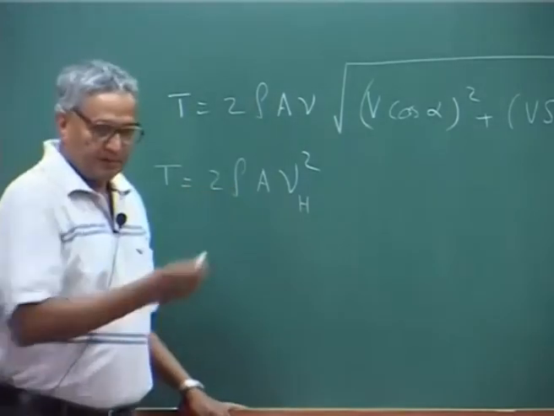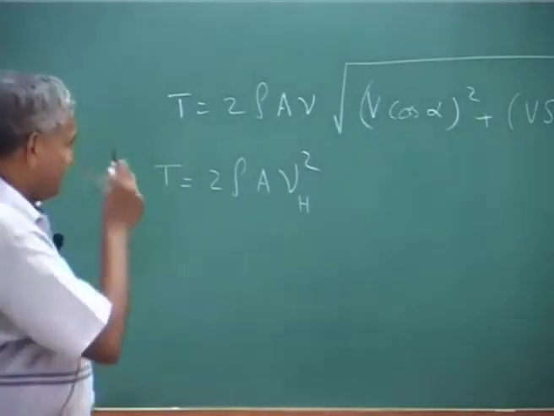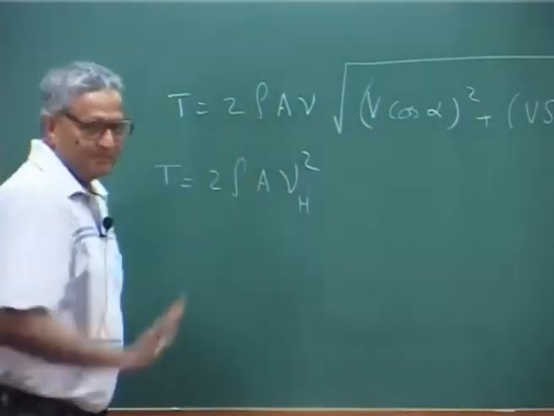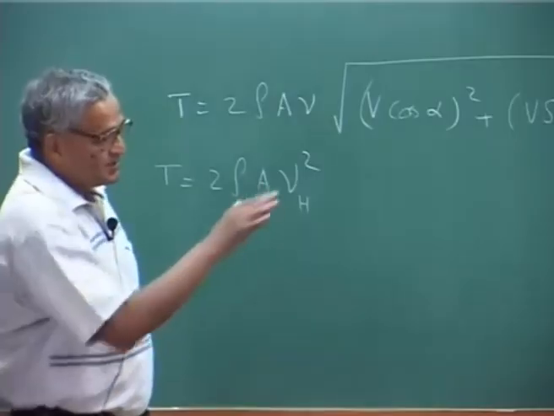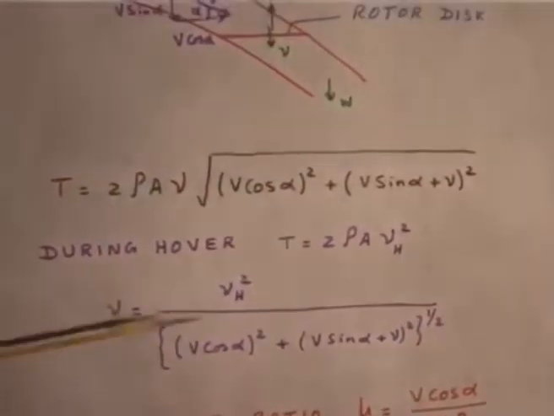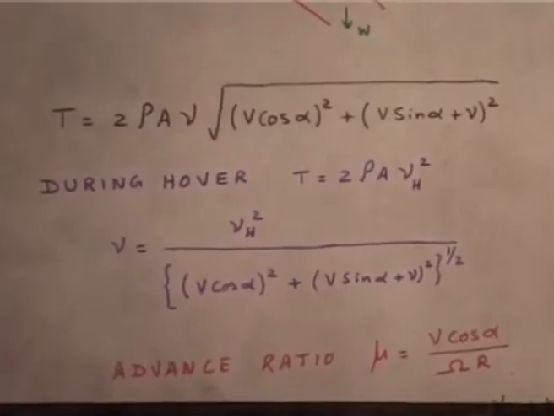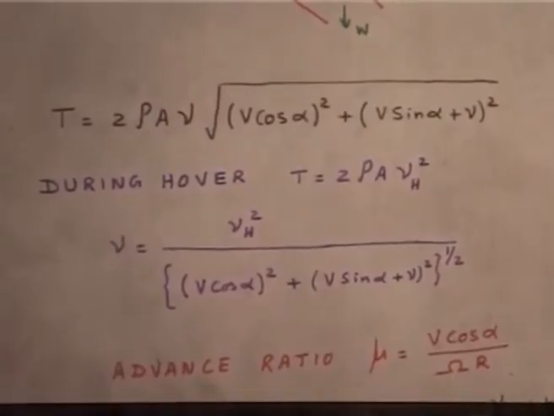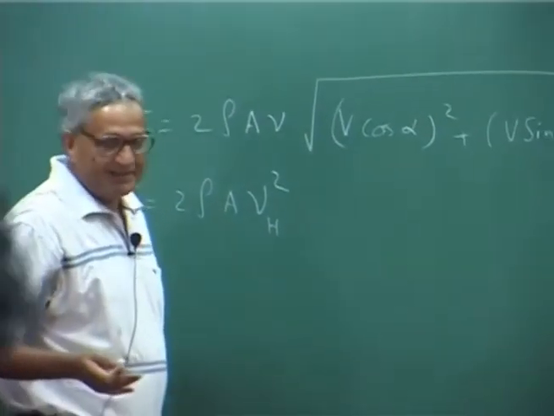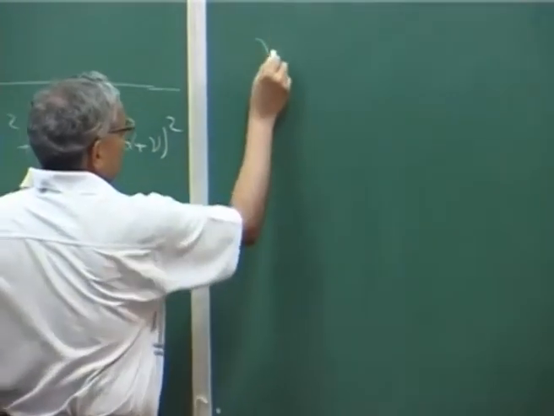But since the rotor is supporting the same weight, what you have to do is you equate both of them and write an expression which is given there. When you equate both you will get nu is nu h square over this, straight away, and then you will write this expression.